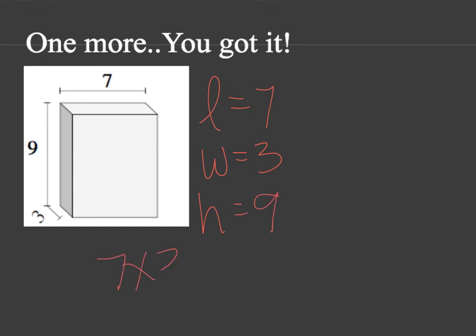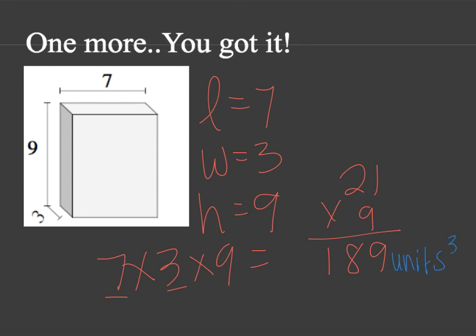So 7 times 3 times 9 is going to give us our volume. So 7 times 3 is 21, and 21 times 9 is going to give us 189. And here's the most important part. You can't get the answer correct if you don't put this, units cubed. Hopefully you got that one right.